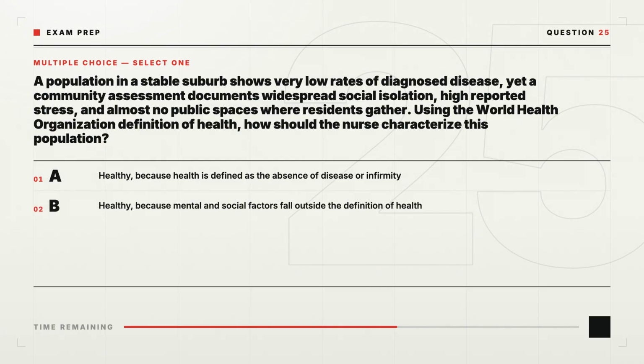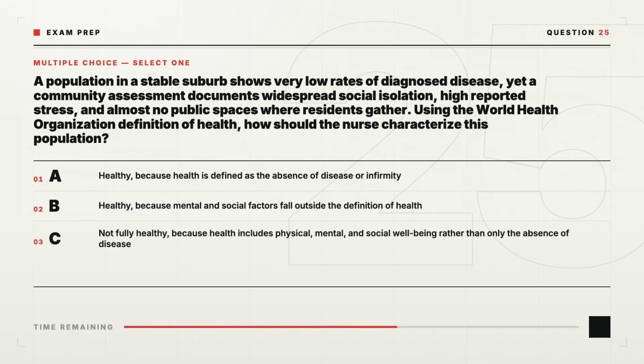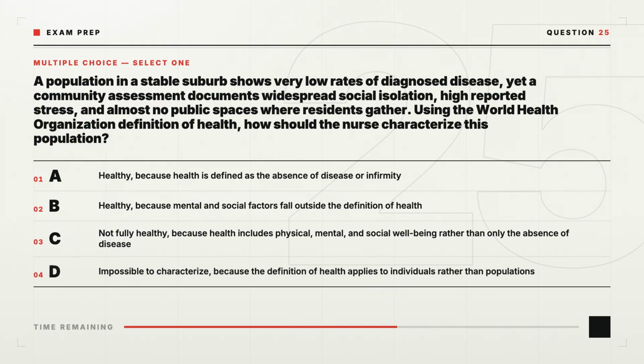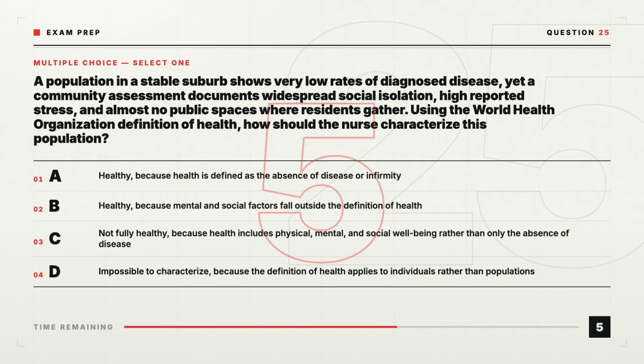B. Healthy, because mental and social factors fall outside the definition of health. C. Not fully healthy, because health includes physical, mental, and social well-being rather than only the absence of disease. D. Impossible to characterize, because the definition of health applies to individuals rather than populations. Which one is it? Pause the video if you need more time.